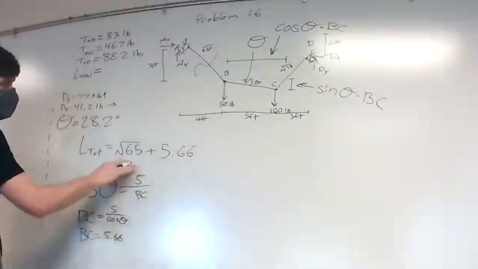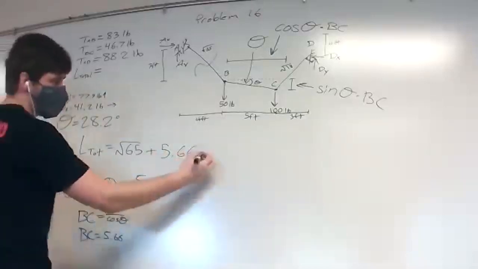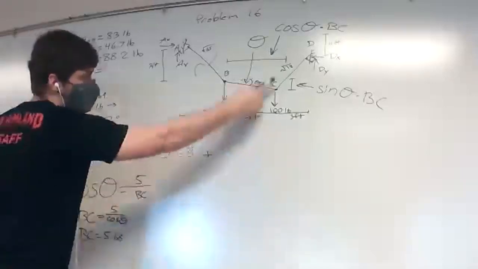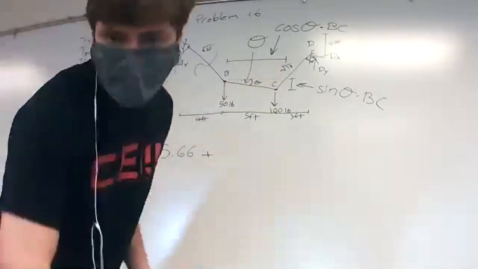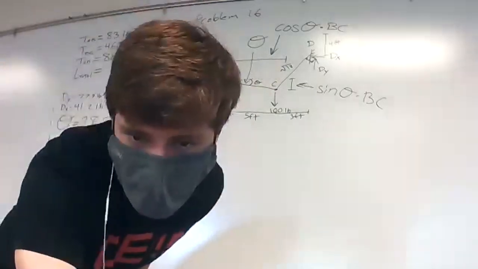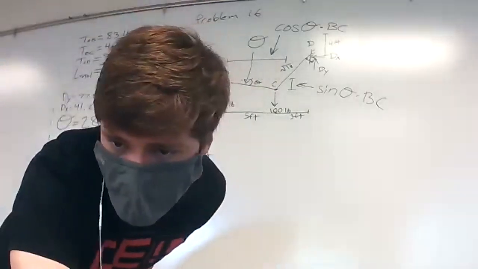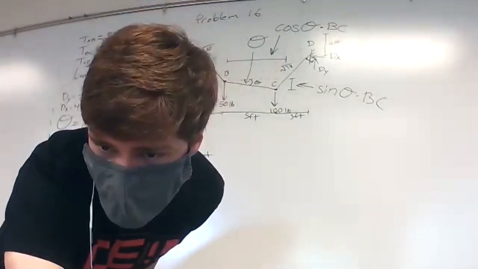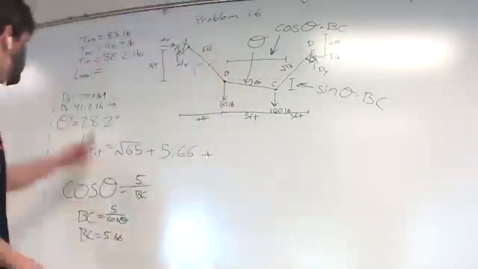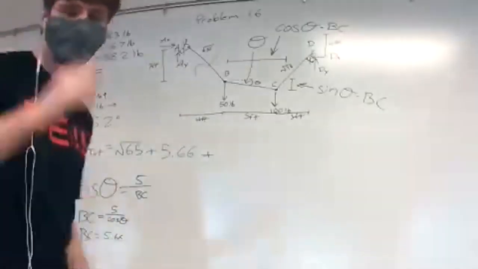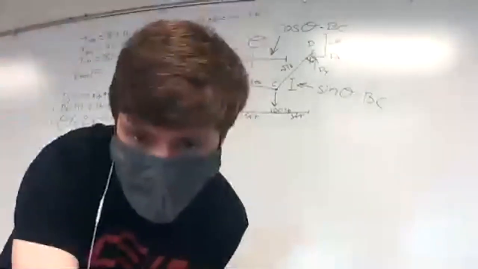So we have the length of AB, we have the length of BC, and now we just need the length of CD, which for this one, because it reacts opposite to resultant forces of dy and dx. Yes, exactly, for TCD, that's exactly correct.